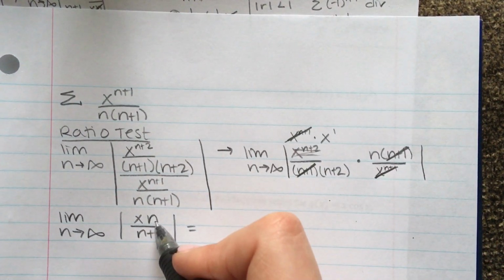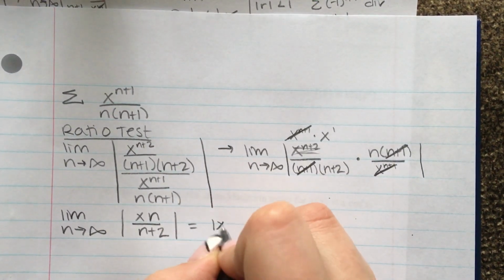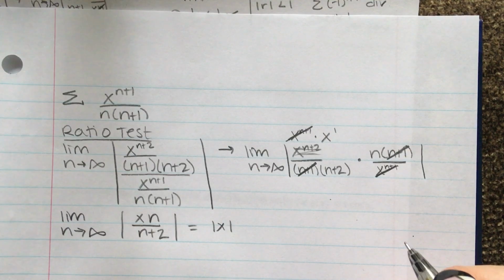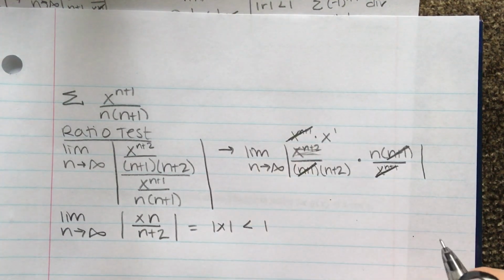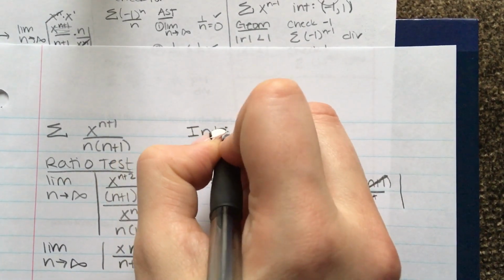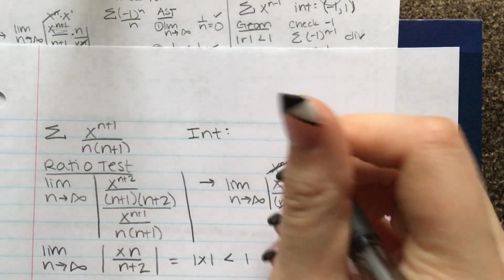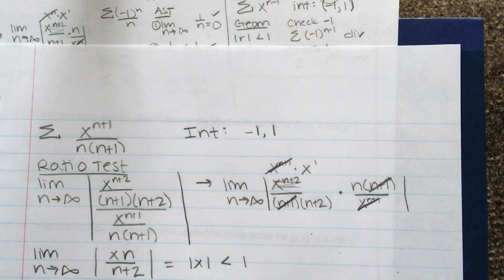And so the limit as n goes to infinity, the n's are the same size, they're going to cancel, we're just going to get x. And again, the ratio test converges if this is less than 1. So that tells us that again, if our center is at 0 and our radius is 1, our interval goes from -1 to +1.